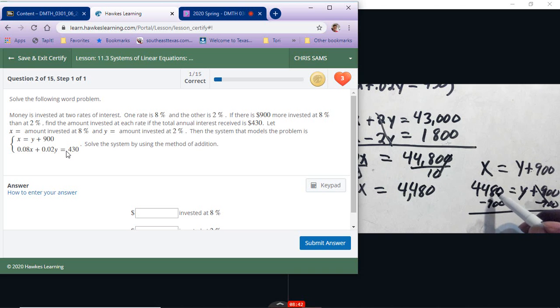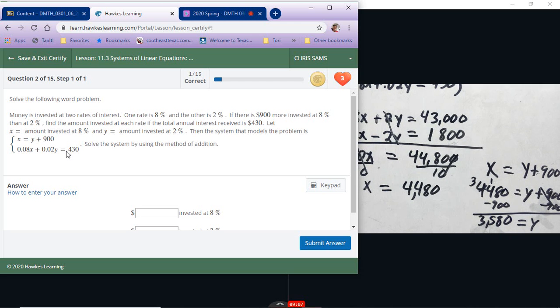And we'll have to borrow 1 here, so that leaves us with 3, 14. So we got 0, 8, and then 14 minus 9 will give us a 5. So we get 3,580 is equal to y.